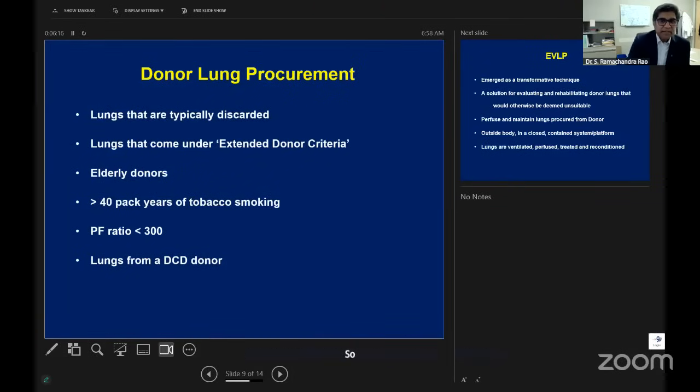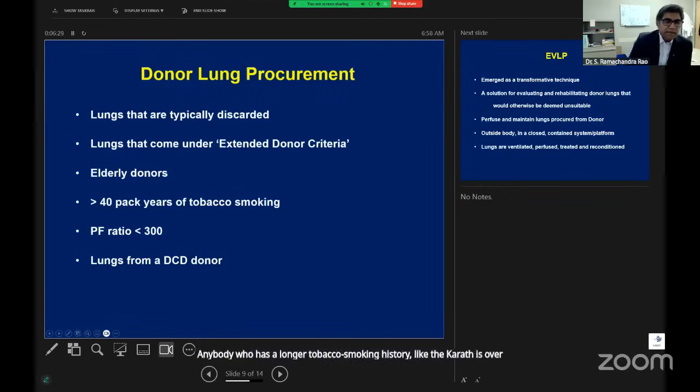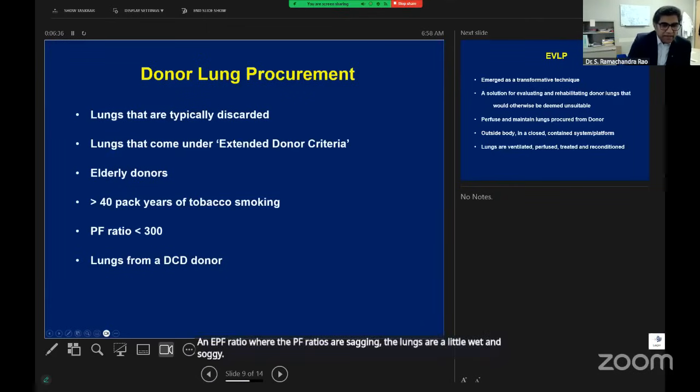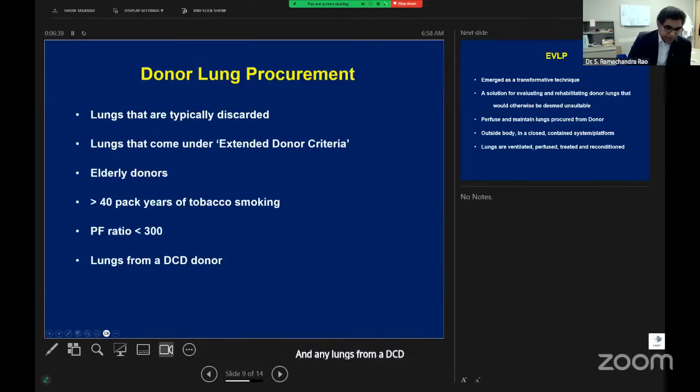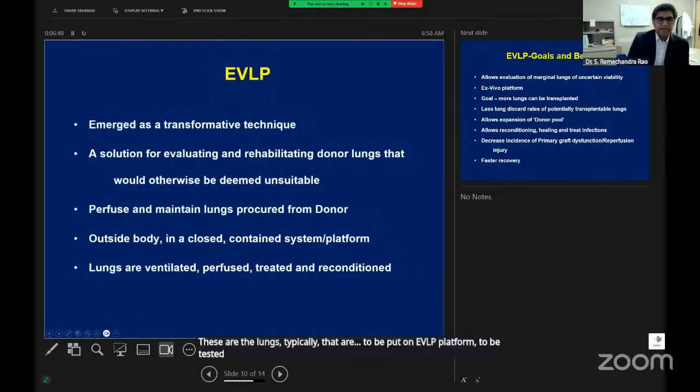So naturally, the extended donor criteria, just for a recap: elderly donors where you're doubting the health of the lung allograft, anybody who has a longer tobacco smoking history, where the cutoff is over 40 pack years, any PF ratio where the PF ratios are sagging, the lungs are a little wet and soggy, and any lungs from a DCD donation where you have very little control. These are the lungs typically to be put on the EVLP platform to be tested whether they can be utilized.